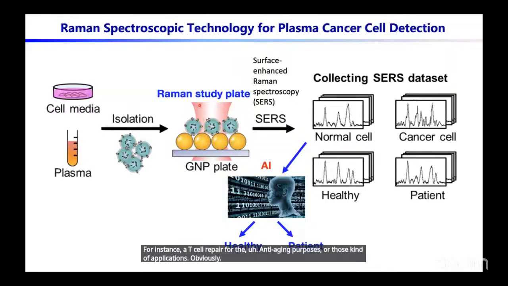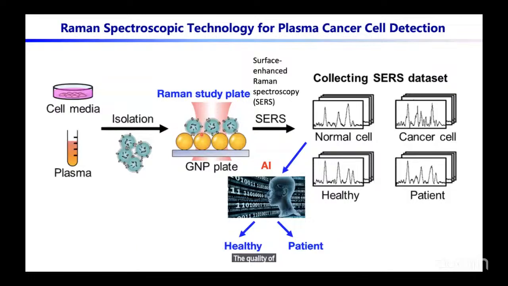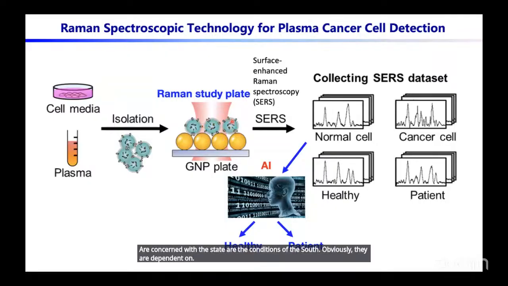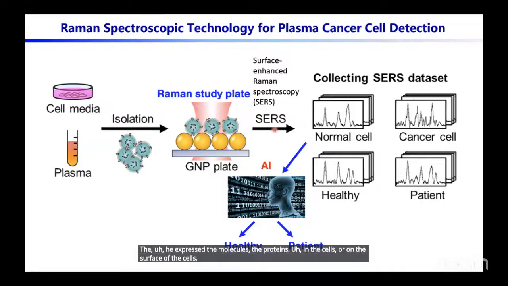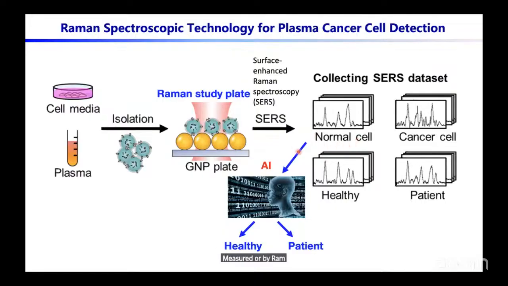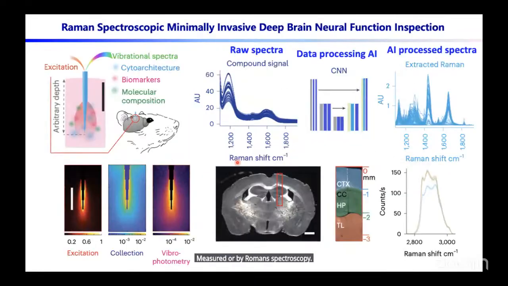Obviously, the quality of a stem cell is very important. So these are concerned with the state, the conditions of the cells, which depend on the expressed molecules, the proteins in the cells or on the surface of the cells. That kind of state can be measurable by Raman spectroscopy.